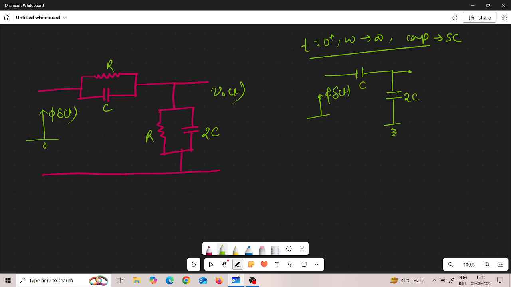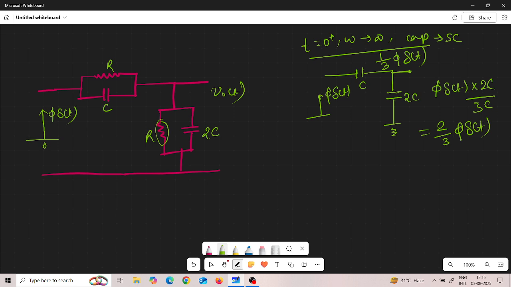Can you tell what the voltage across this capacitor will be? It will be Φδ(t) into 2C by 3C, so it will be 2/3 of Φδ(t), and the remaining 1/3 will be here. So this voltage will also appear across the resistor.